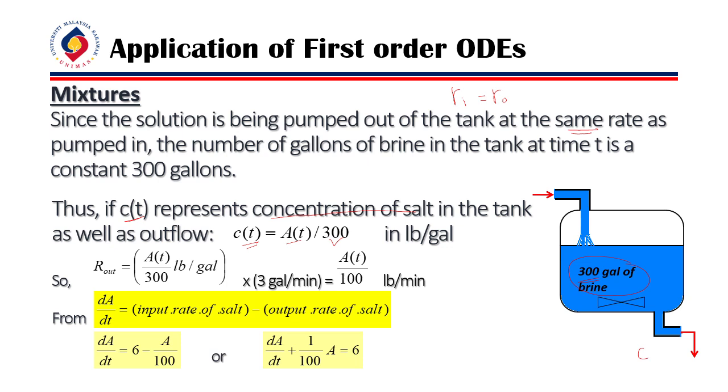C(t) or C output, it's either one. I like to use this C output here, so I know that C_i in C_i R_i is C_0 R_0, C_o R_o.